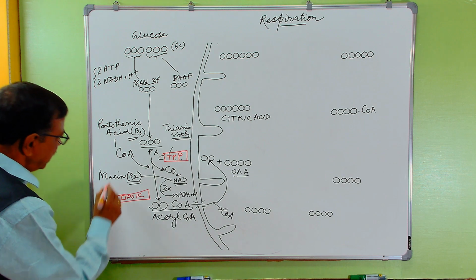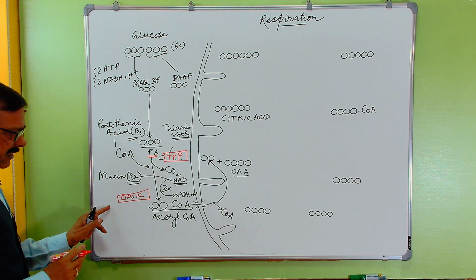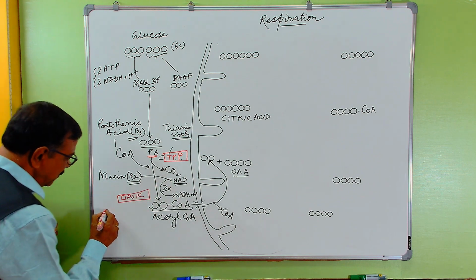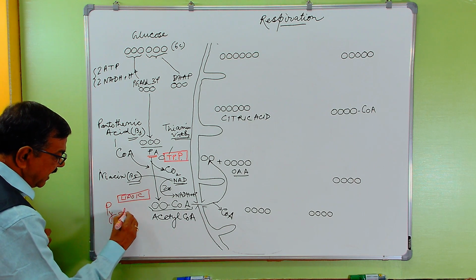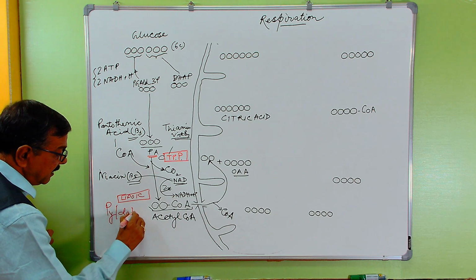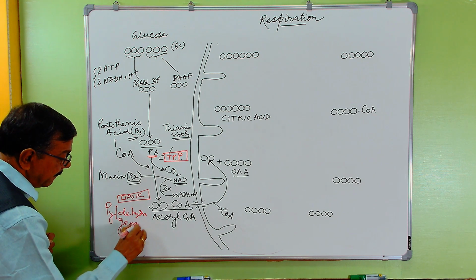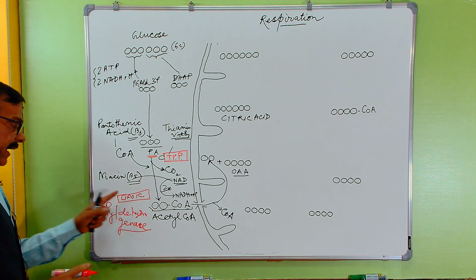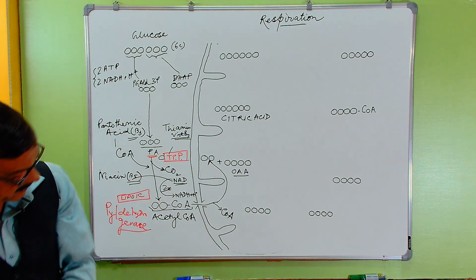One thing I have not said: here the enzyme is known as pyruvic dehydrogenase. From pyruvic I am taking the name, and hydrogen is going out. Write it: pyruvic dehydrogenase. Now another enzyme.